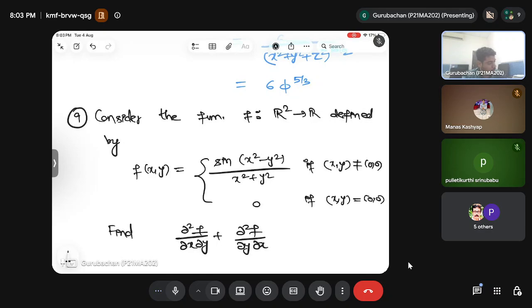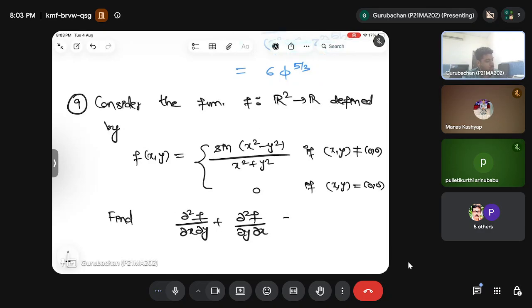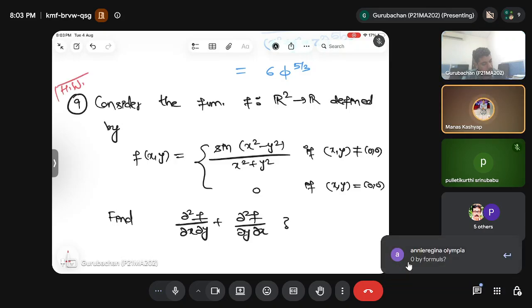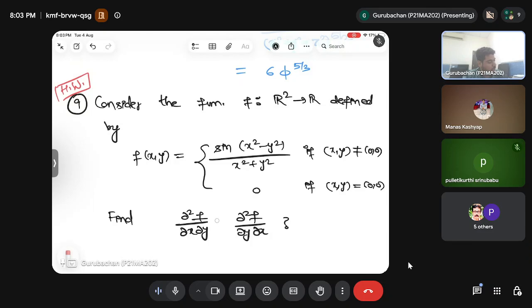It may or may not exist. You just need to find out at (0, 0). Okay, this and this at (0, 0), not their sum, this and this at (0, 0).